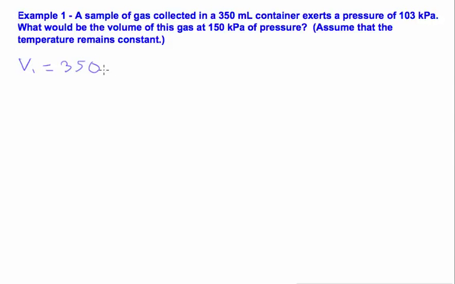It doesn't matter which one you make 1 and which one you make 2, as long as you connect the variables the correct way. So at 350 milliliters, it exerts a pressure of 103 kPa. So that is our P1, our pressure at the same time that our volume is 350.